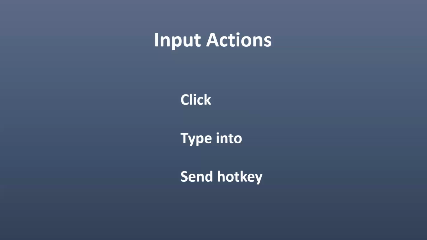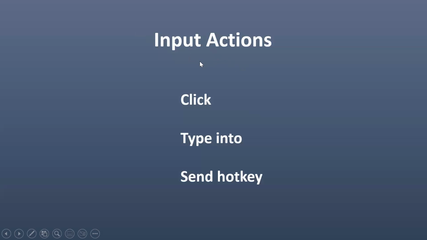On the other hand, output actions means through which we take data as an output. For example, when you are entering some data into some application, you also want to extract some data from that application as an output. For example, on the screen you are seeing a piece of text.